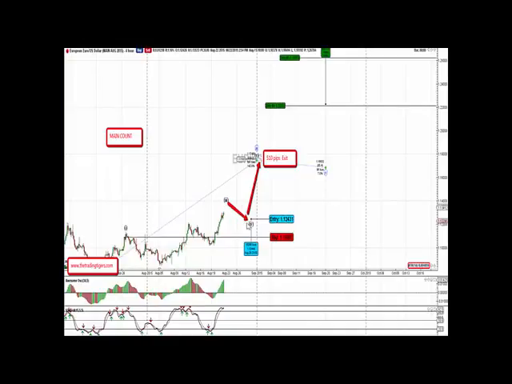Once that's finished, we enter on the pullback at 12.43, and we look for the progressive and we're looking at that end of the month to come into play. That's end of the month, that's August, to come in play, and this is just an evaluation.